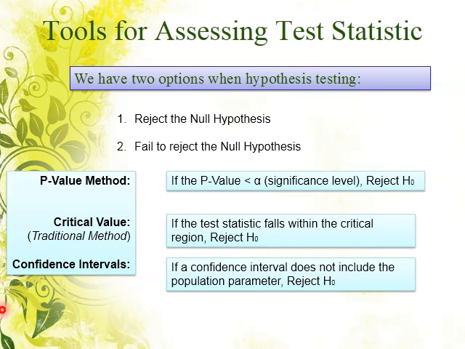And lastly, if a confidence interval does not include the population parameter, we're going to reject the null hypothesis. Just as in previous sections, we're going to find confidence intervals based on our sample statistic, and if that interval is too high or too low and doesn't contain the parameter that H naught says the parameter equals, then we're going to reject the null hypothesis. Otherwise, we'll fail to reject the null hypothesis.